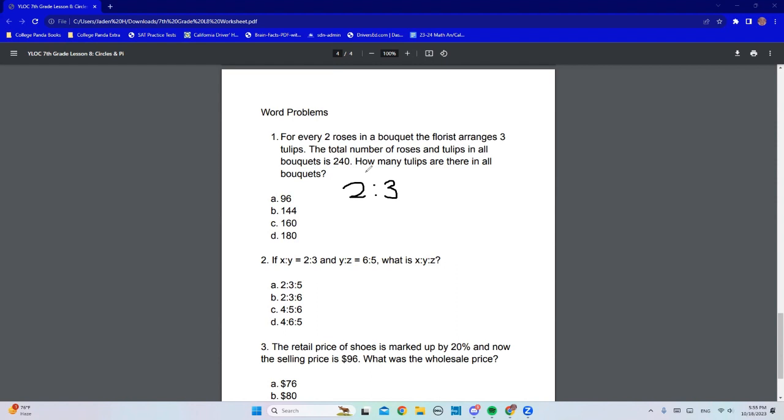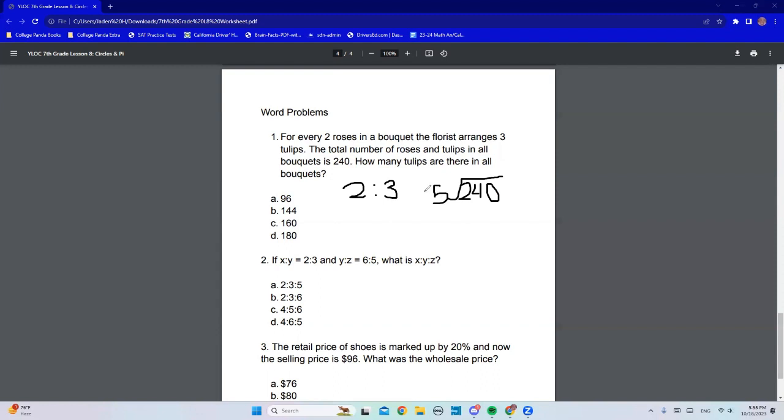So we're trying to find the number of tulips. Well, if there's just 2 roses and 3 tulips, there'd be 5 in total, 5 flowers for every set, basically. So let's just try multiplying both sides by 240 divided by 5.